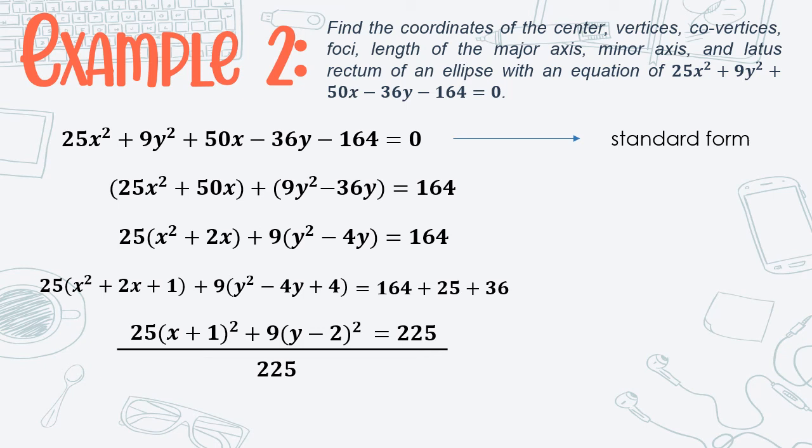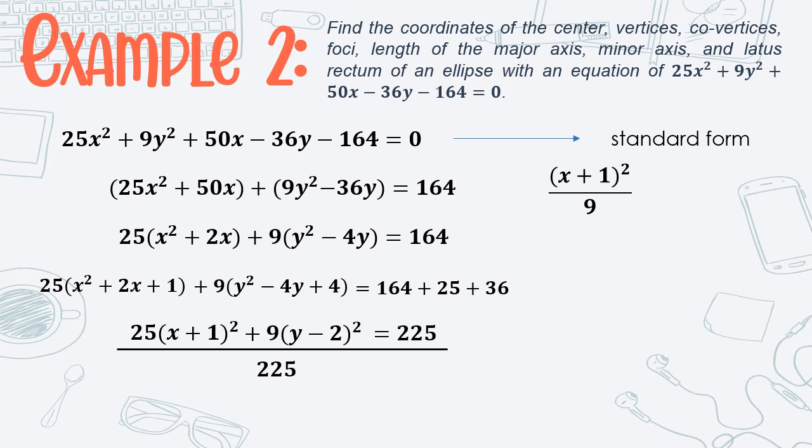So by dividing it, we can get 25 times (x plus 1) squared divided by 225, that is (x plus 1) squared all over 9, because 25 over 225 is 1 over 9.